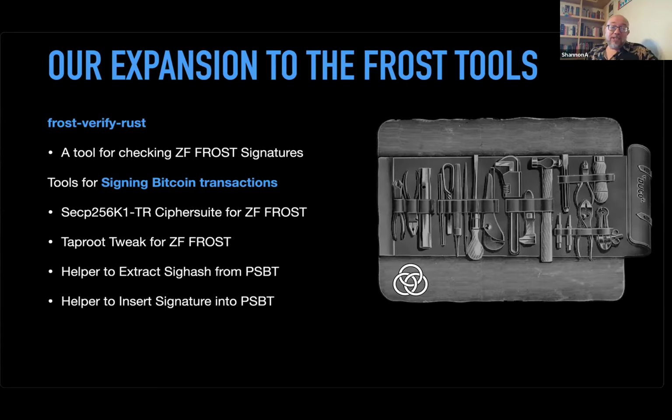The biggest thing, though, was we wanted to show how you could use Frost for Bitcoin transactions. So Wolf made several tools, a couple of helper tools, and then some PRs for the actual ZF Frost tools to allow you to actually do a signature. He's done a demo of that that we have videos of, and it also appears in the Learning Frost course.